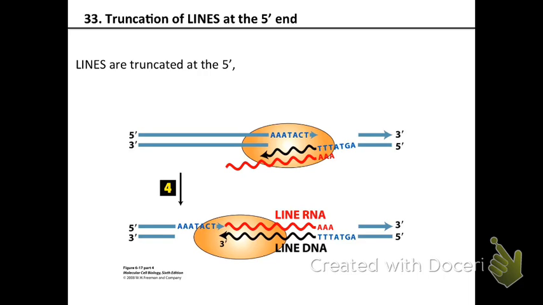But when we look in our genome, we find a lot of LINE elements that are truncated. And they're truncated at this end. So they're truncated at the 5' end. Okay? So what do you think? What property of ORF2, in general reverse transcriptases, could lead to this truncation at one end?